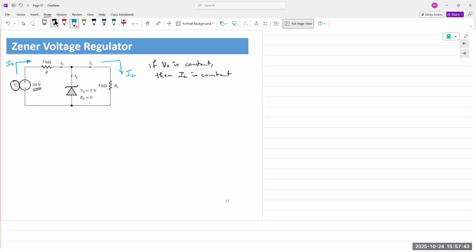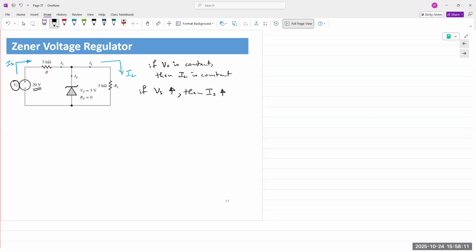So if Vs increases, then Is also increases. But if Is increases and you want to keep IL constant, where is that rest of the current going? Through the Zener diode. And that's where we use the property of the Zener diode in reverse bias.